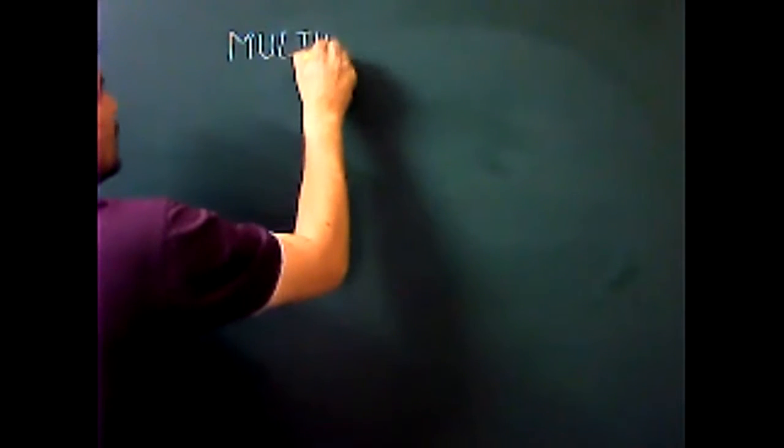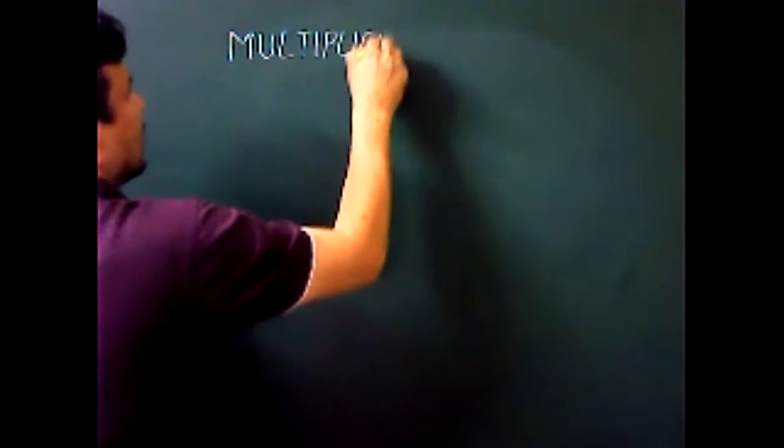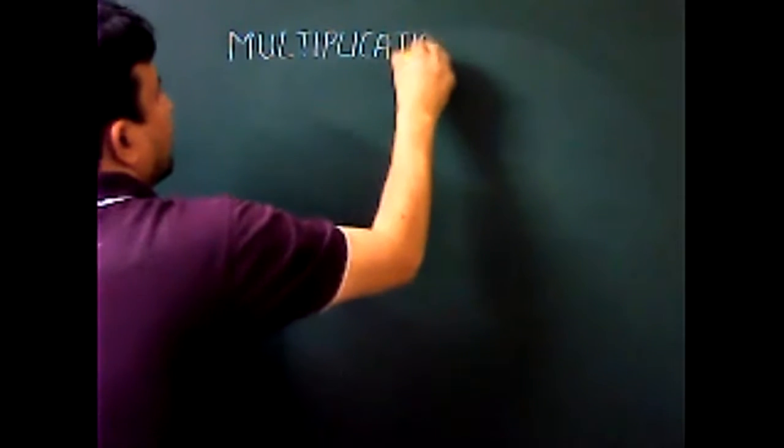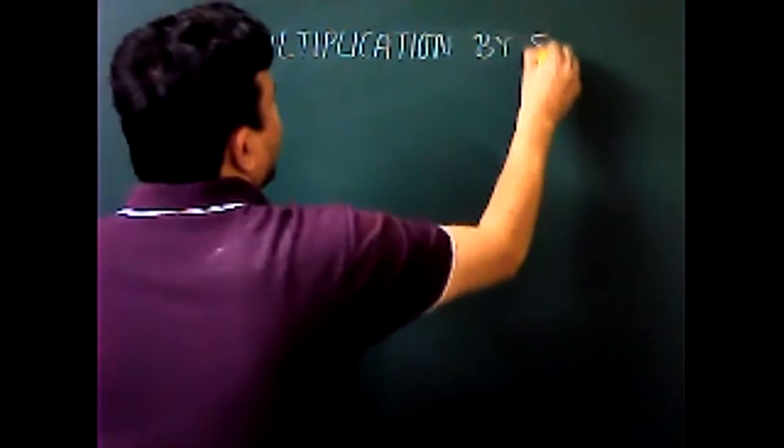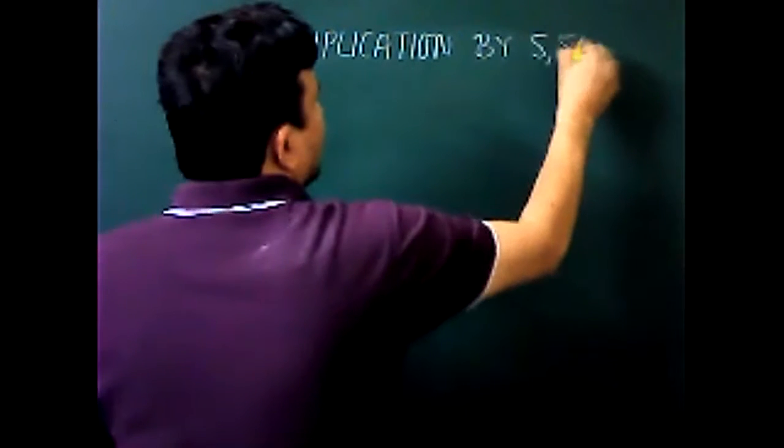Now the next technique is multiplication by 5 and 50.